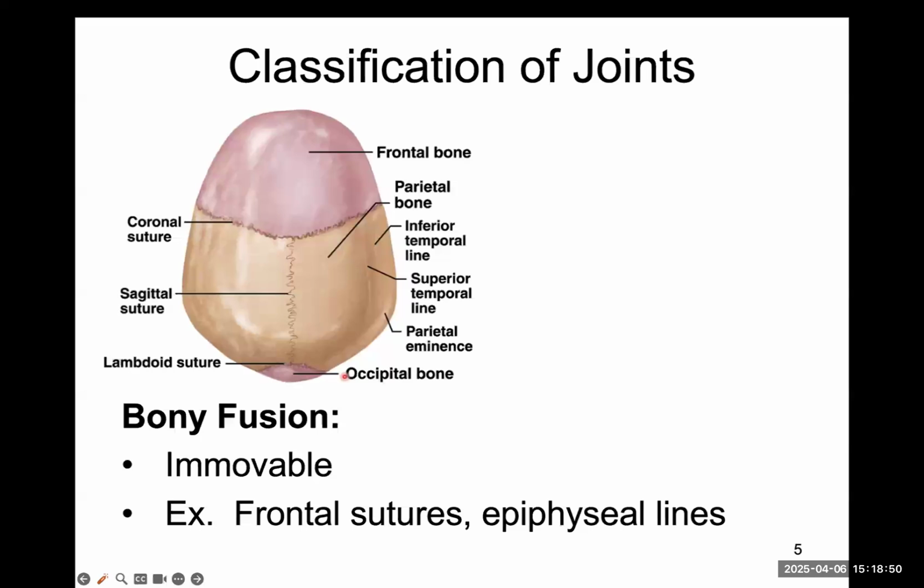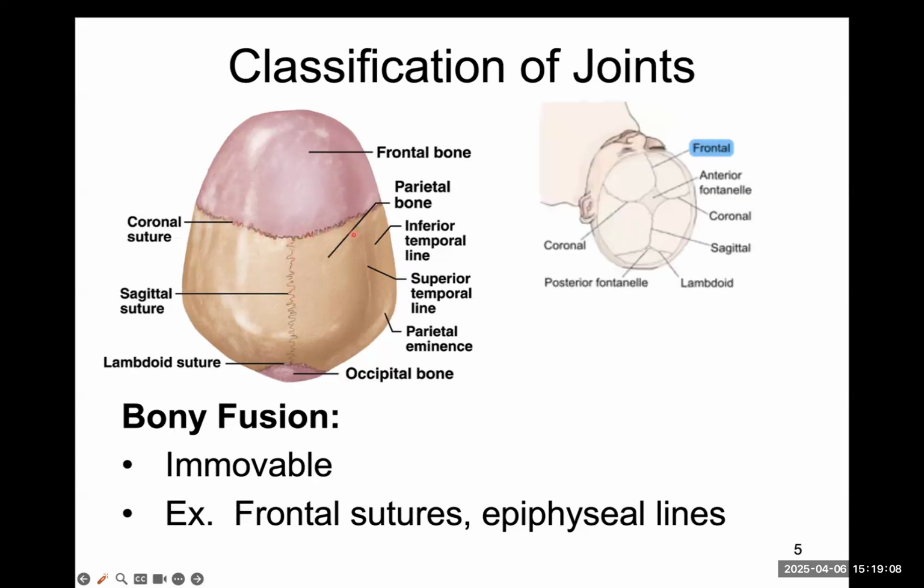So let's go on the list. There are four kinds of joints based on structure. The first one is called bony fusion. Bony fusion is when two bones come together, fuse together, and then the lines disappear. It's not going to be this guy or this guy. It's going to be this guy right here, the frontal suture that disappears.